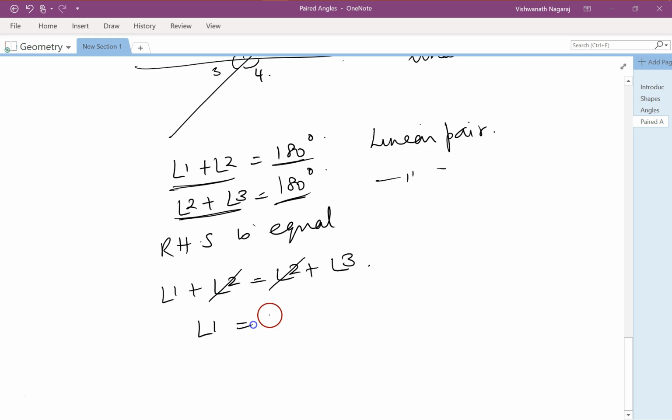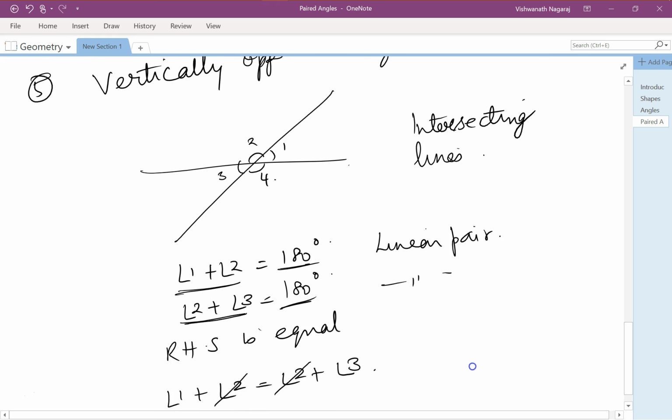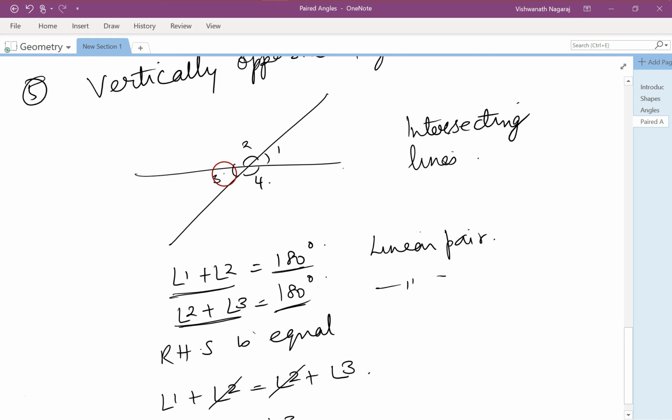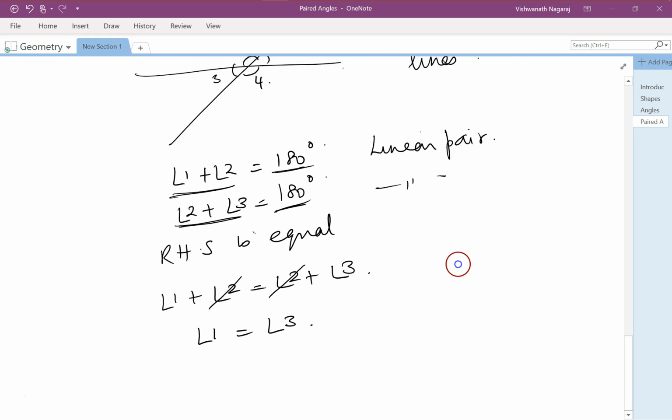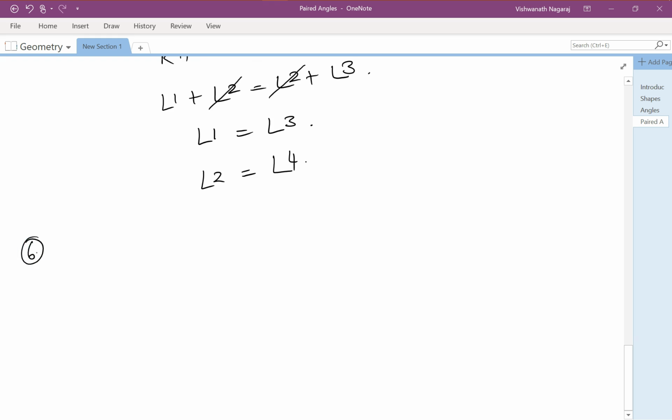Angle 1 is equal to angle 3. Basically what we did was to prove that vertically opposite angles 1 and 3 are equal, similarly angle 2 is equal to angle 4.